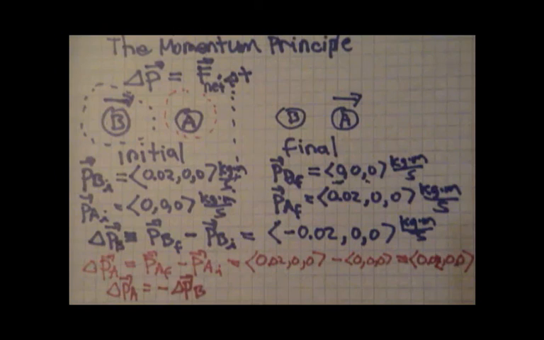The balls are in contact for the same period of time, so delta t is the same in both cases. The net force that acts on A, therefore, is equal in magnitude but opposite in direction to the net force that acts on B.